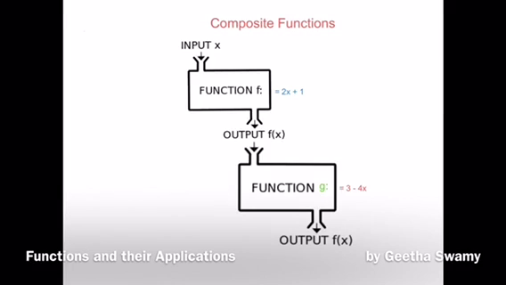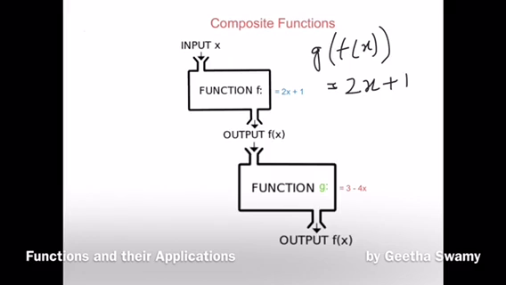Now just to make sure you've understood what I mean by composite functions, I'm taking two more different functions, f and g again. f(x) = 2x + 1 and g(x) = 3 - 4x. Now I want to find out what is the value of g(f(x)), which means I'm going to put an x into the f function so that I'm going to get out 2x + 1.